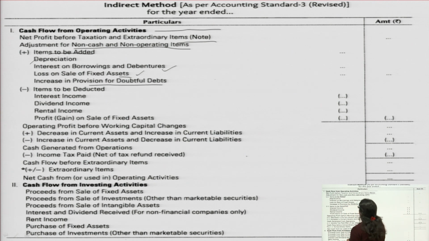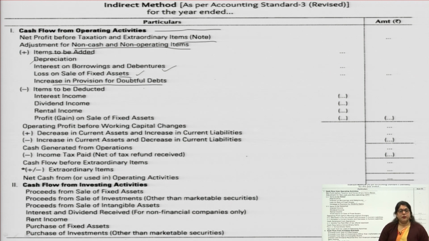Increase in provision for doubtful debt. What are the doubtful debts? Means the people who have taken the money and you have a doubt about whether they will give it back to you or not. So, we are making the provision for this also. If there is any increase in the provision, suppose last time it was 10,000 and now it is 20,000, it has increased from last year.